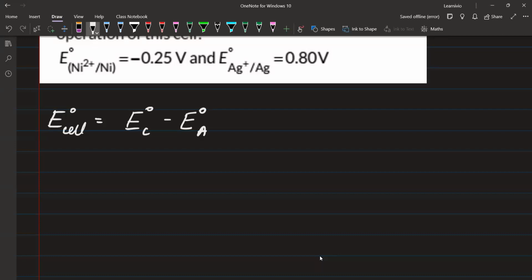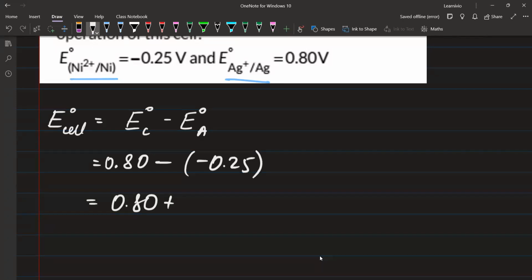Which is higher, of course. So E0 cathode will be equal to 0.80 minus what is the E0 anode? The E0 of anode is minus 0.25. This will be equal to 0.80 plus 0.25, which will be equal to 1.05 volts.